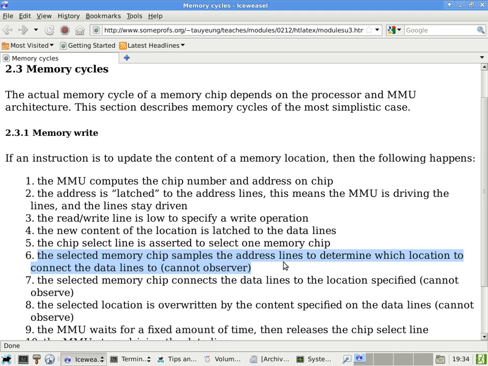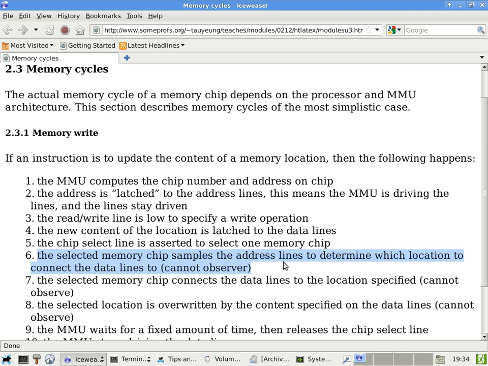So once the chip select line is asserted, that memory chip will just sample the address lines to see which address line is high and which address line is low. That will take up some time, and this cannot be observed by the outside world because it is all happening inside the memory chip. After step 6 is step 7.